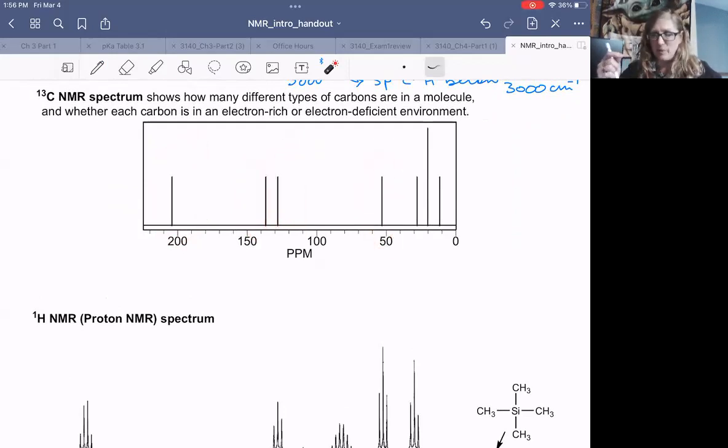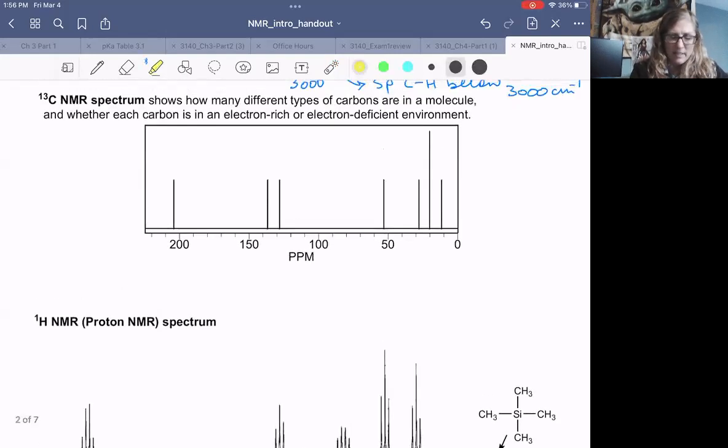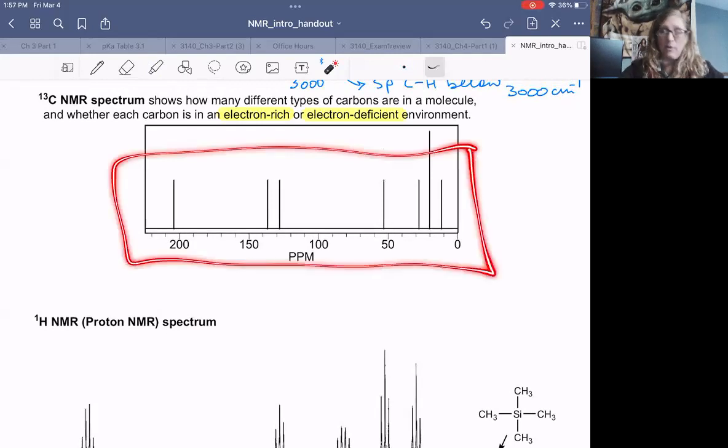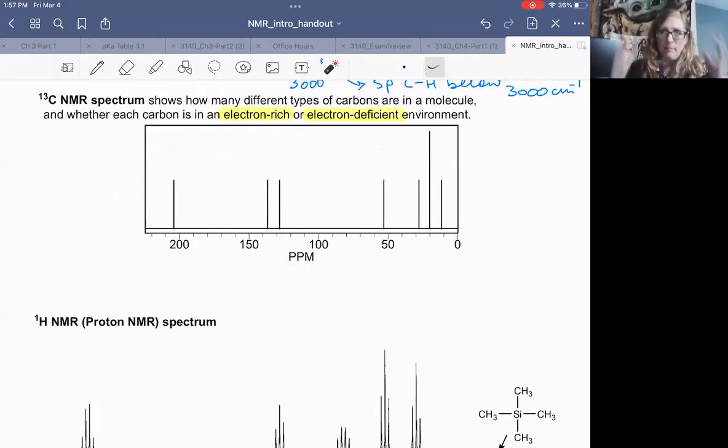What this is going to tell us is how many different types of carbon atoms we have in our structure, and it will also indicate whether each carbon is in an electron rich or an electron deficient environment. Depending on where in this spectrum the signal occurs, that's going to tell us what type of electronic environment it's in.